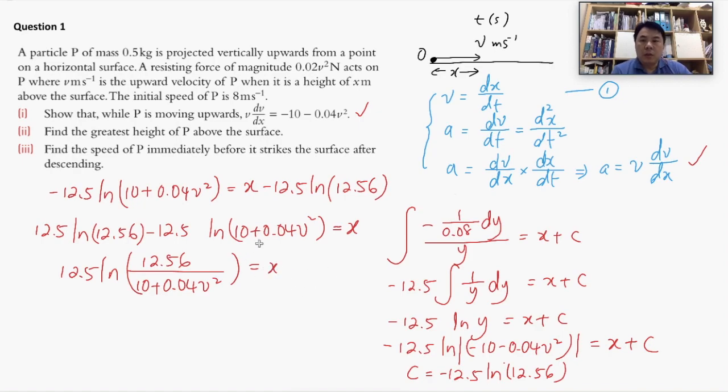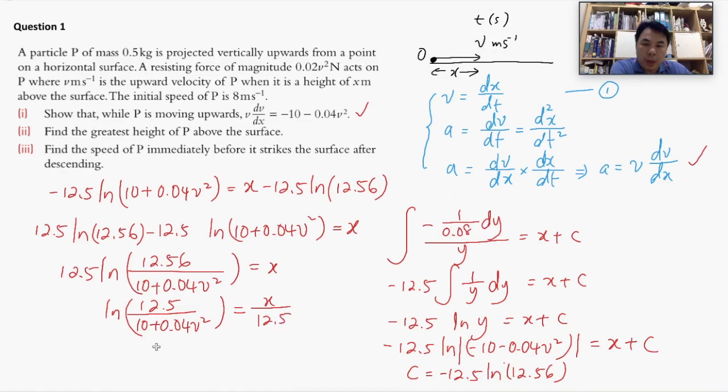And then of course you can restructure these algebraic equations as 10 plus 0.04 v squared equal to 12.56 e to the negative x over 12.5.